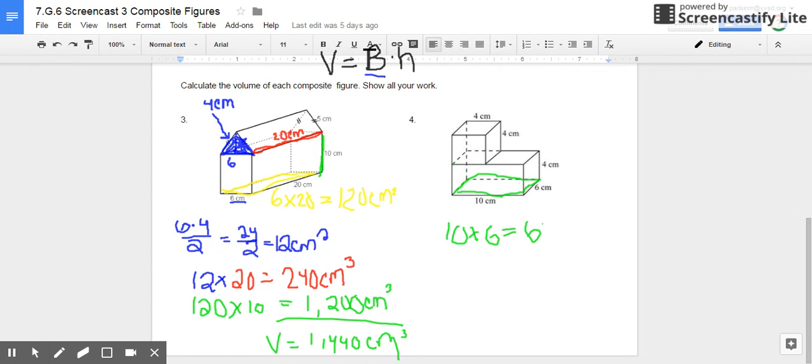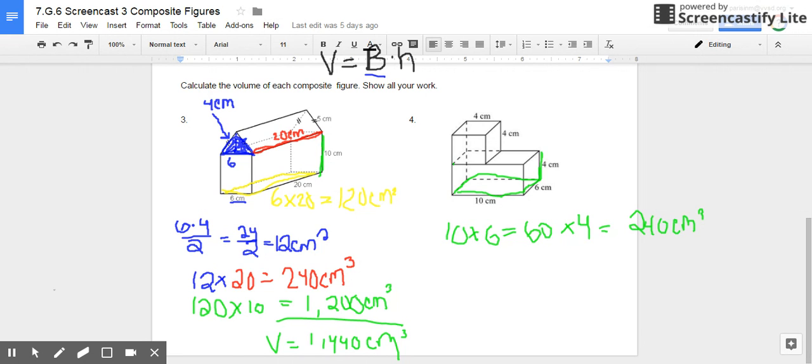So now that I found the area of the base, I'm going to take 60 and multiply it by my height. Well, my height is right here, this 4 centimeters, so 60 times 4, I get 240. And that would be centimeters cubed because we're talking about volume.